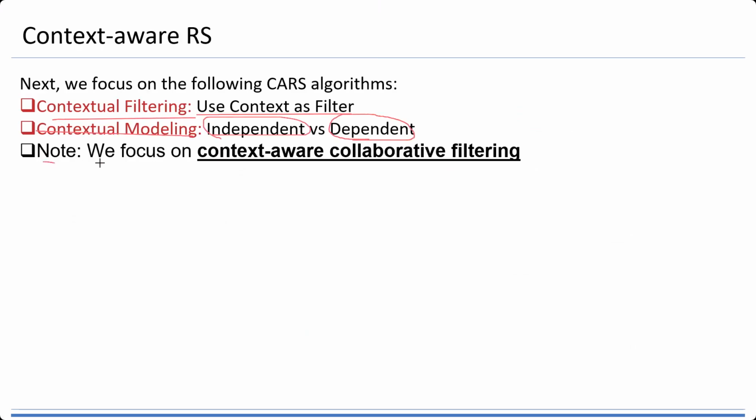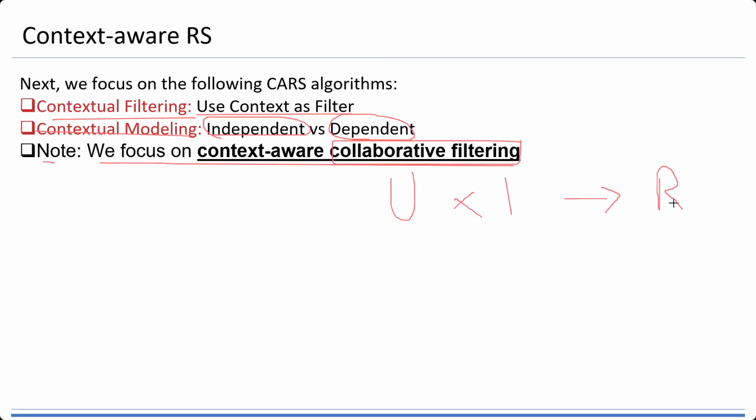Note that we focus on the context-aware collaborative filtering. You still remember what is collaborative filtering? Okay, that's correct. We are using the user base or item base, so it is the interaction between user and item, and we assume that we have rating.